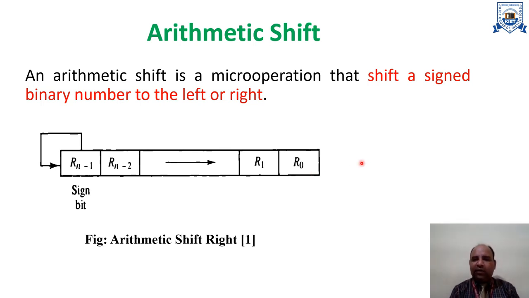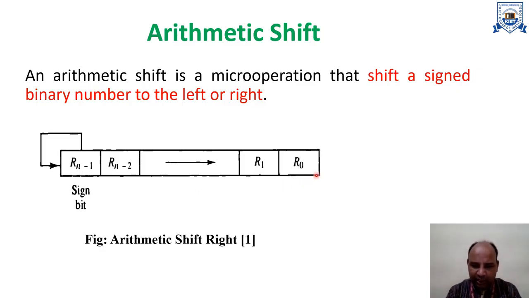So ultimately, if I say what the arithmetic shift does, whether it is an arithmetic left shift or right shift: basically the arithmetic right shift divides the number by 2.